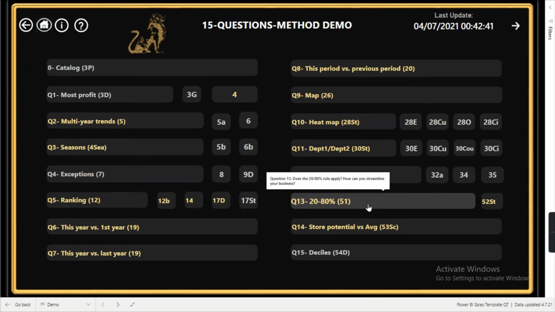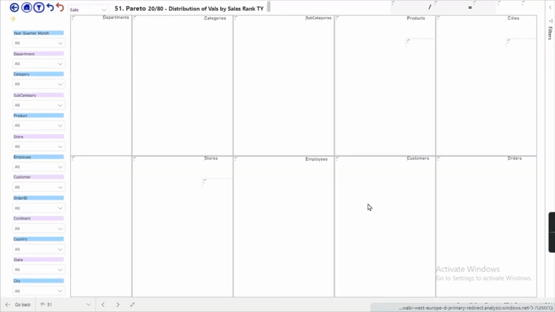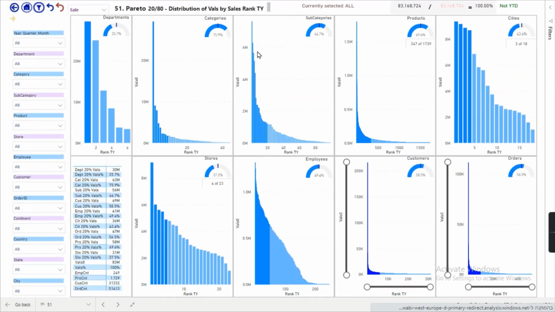Question 13. Does the 20-80% rule apply? How can you streamline your business? Page 51. We get a set of Paretos. That's a column chart ordered from the biggest to the left to the smallest in sales to the right.